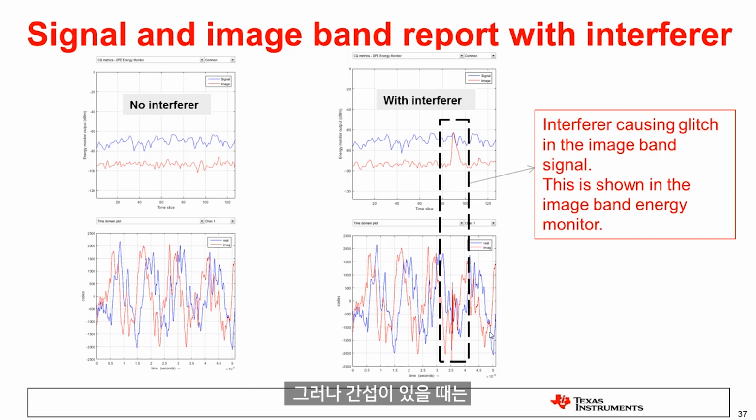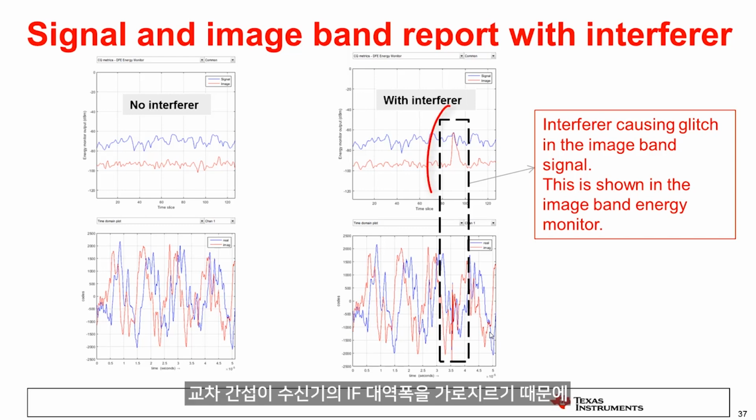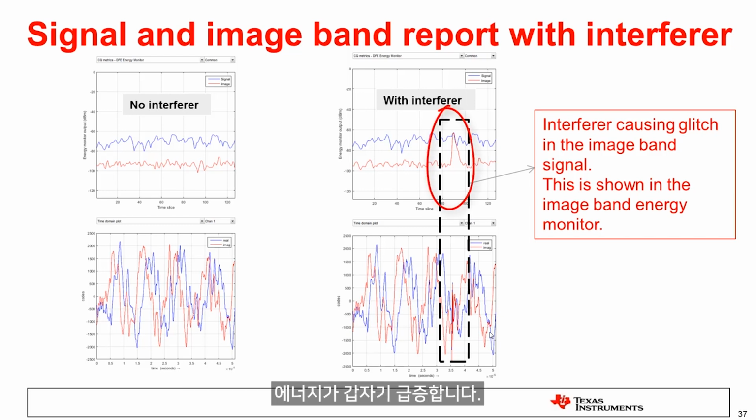However, when there is an interferer, there is a sudden spike in energy as the crossing interferer crosses the IF bandwidth of the receiver. This allows us to narrow down the location of the interferer quite precisely, even if the location of interference is not clearly visible in the ADC data.